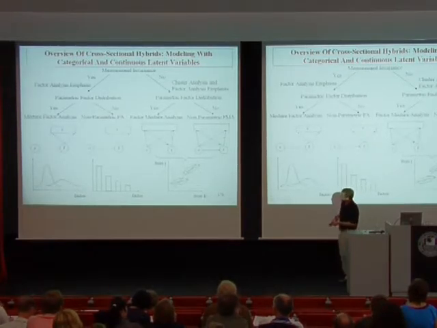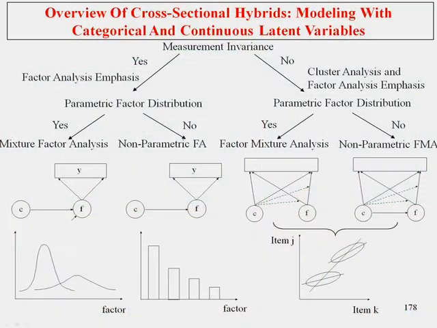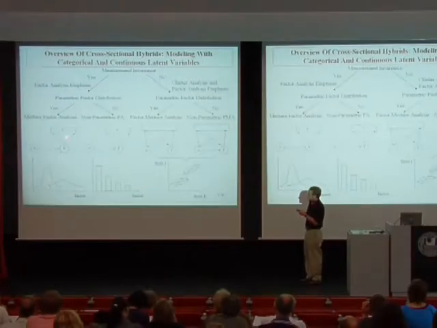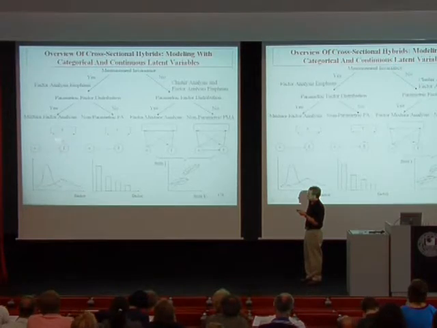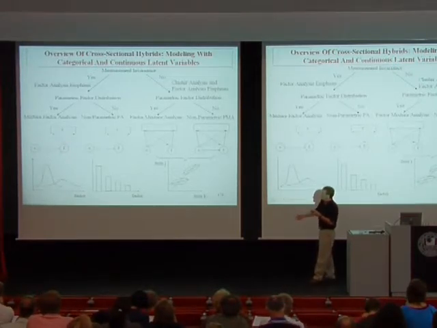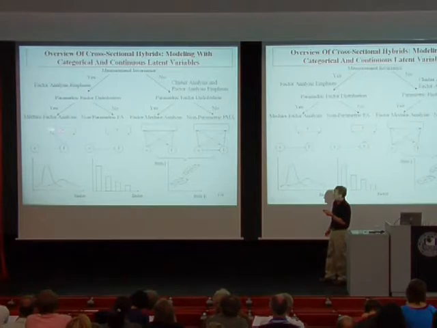But in the picture on the left, you have no arrow from C to Y, which says that these two pictures have no arrows from C to Y, which says that you have measurement invariance across the classes. No direct effect says measurement invariance across classes. That means that the item probabilities in the categorical case are the same.